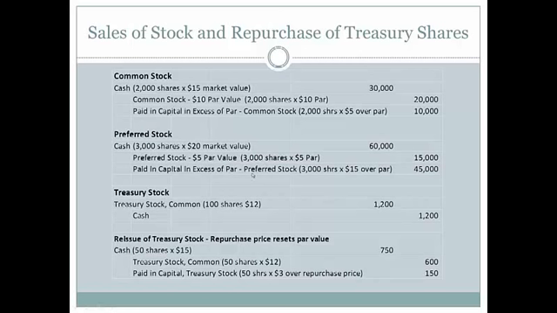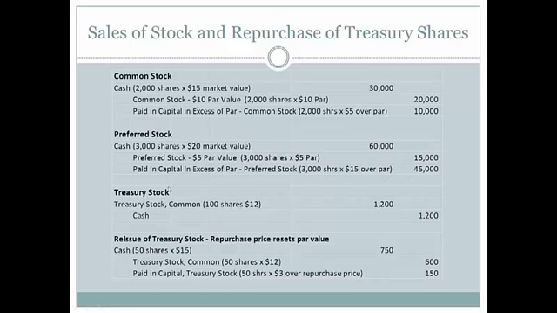Paid-in capital in excess of par, we've changed the description here to preferred stock in order to differentiate it from common stock, but it's 3,000 shares times $15 over par. Our market value was $20, our par was $5, so it's $15 over par, $45,000.